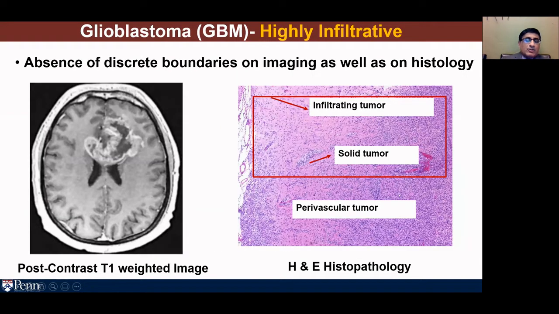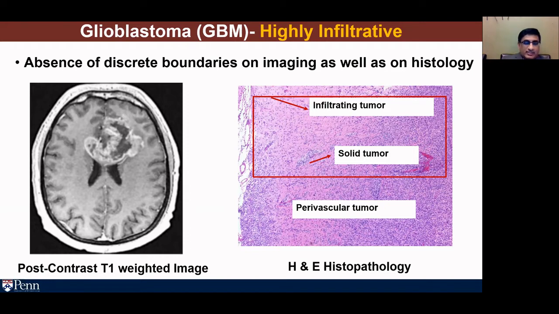GBMs are also highly infiltrative. The neoplastic cells can infiltrate the normal brain regions several millimeters beyond the contrast enhancing region, along the white matter tracts or the blood vessels. These are the regions where tumor recurrence usually occurs. This is one of the major reasons why the clinical outcomes of patients with GBM are poor, because of tumor recurrence, which inevitably takes place in those infiltrative tumor components.